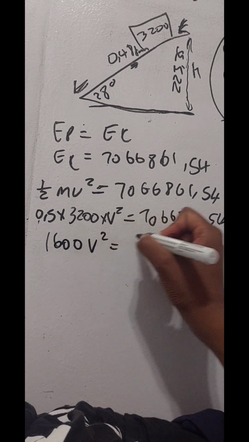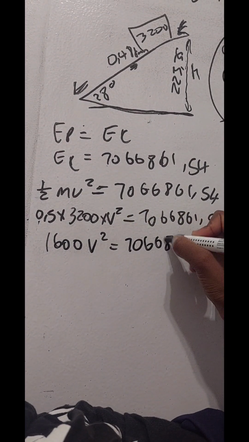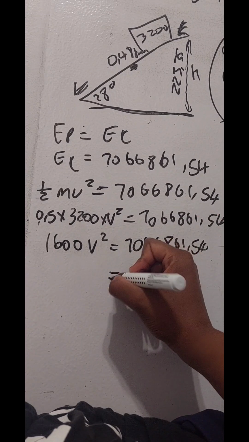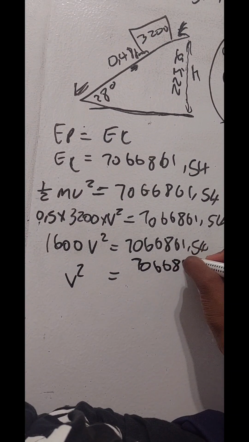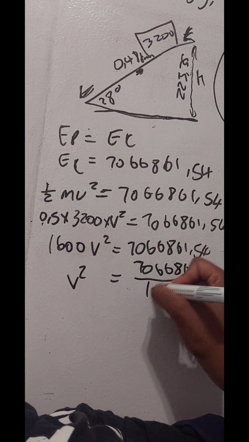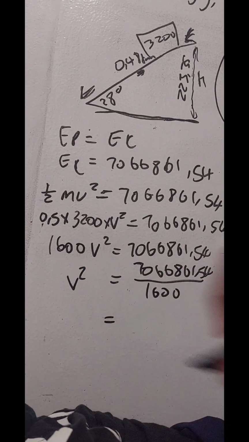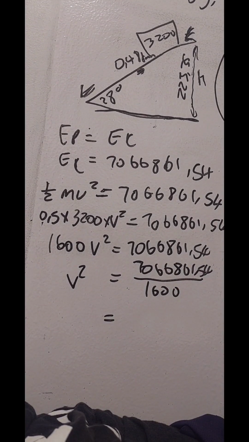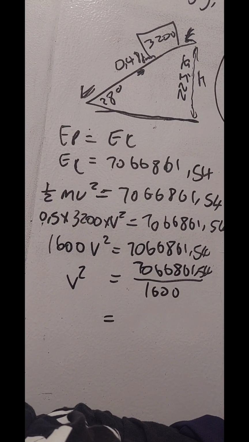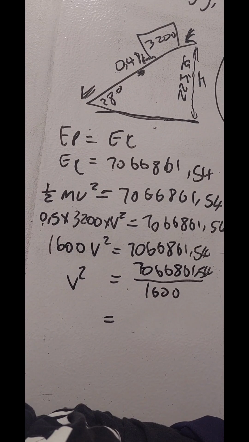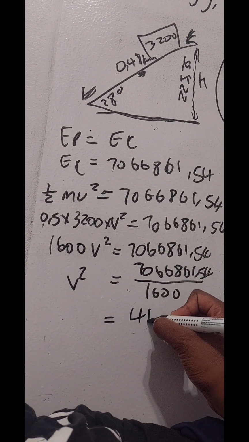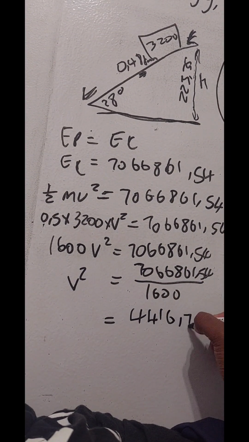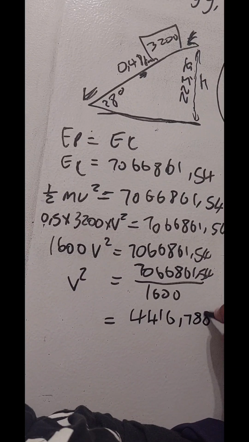V squared is going to be equal to 7066861.54 divided by 1,600, right? So let's work it out. 7066861.54 divided by 1,600, which I get 4416.788, right?